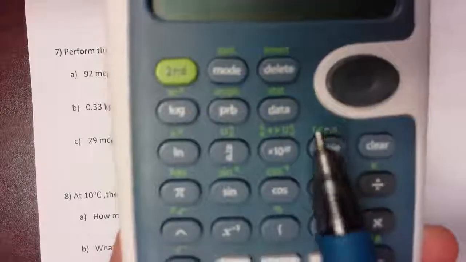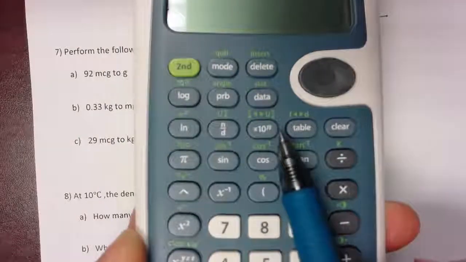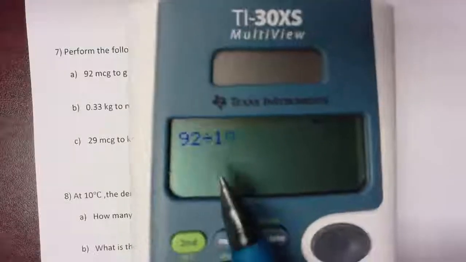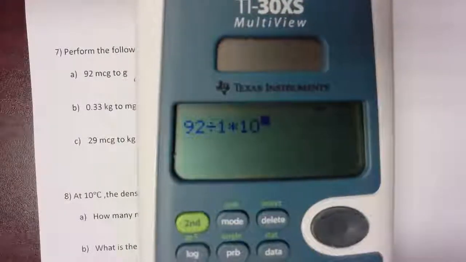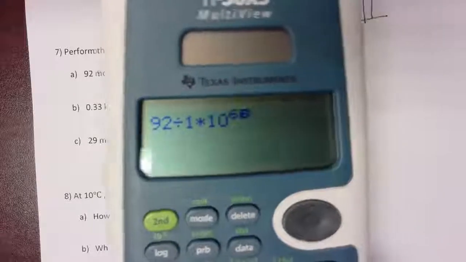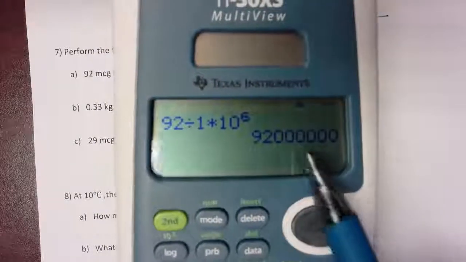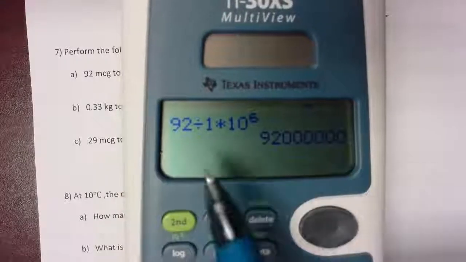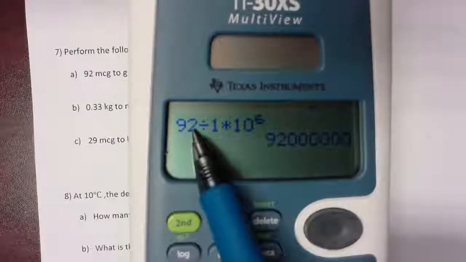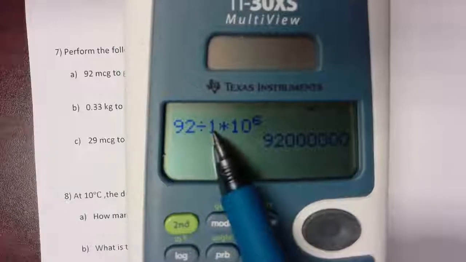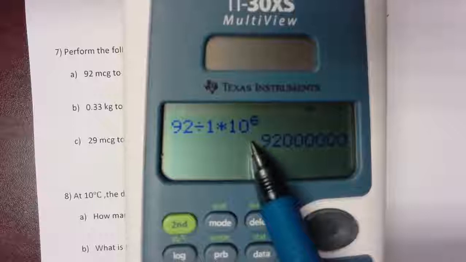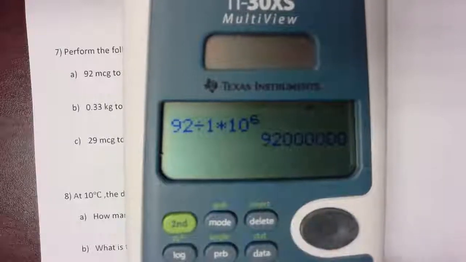Here's why. I've got 92 divided by 1 times 10 to the 6. You may be tempted to do this, and it's going to give you the wrong answer. Because essentially what you're telling the calculator to do is take 92, divide by 1, which is 92, and multiply that times 1,000,000, 10 to the 6th. It's not going to give you the right answer.